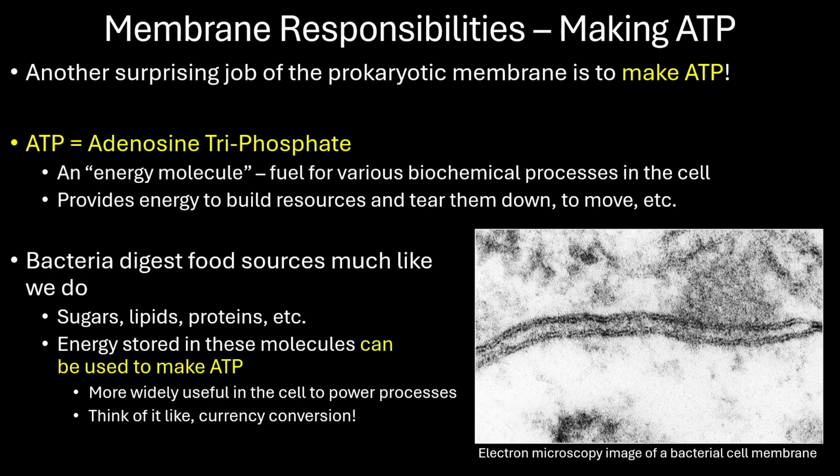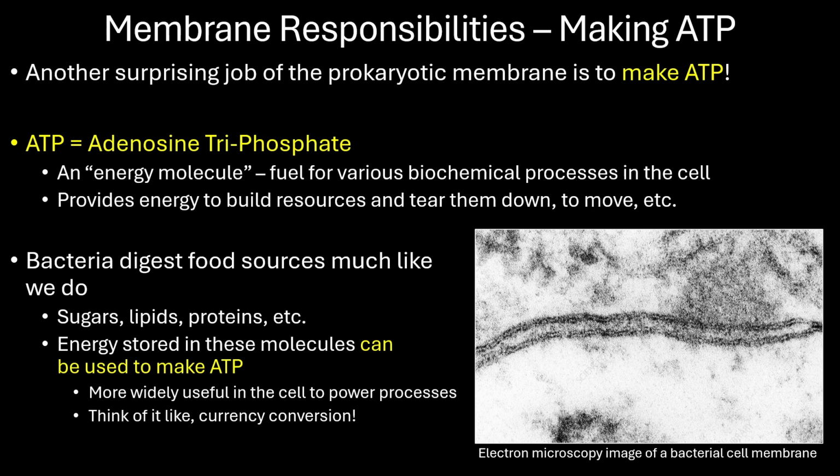They're very high energy bonds, so it takes energy to push these things together. That energy comes from food sources we often think about, like sugars especially, but also lipids, some proteins and things like that.